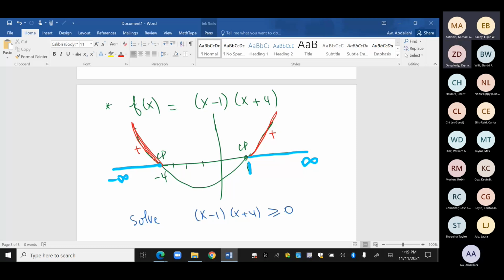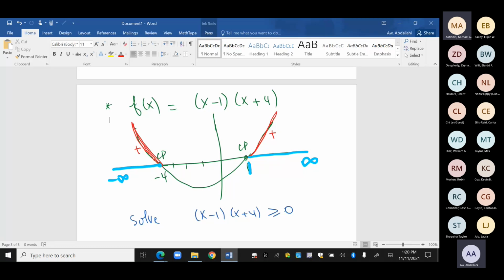Negative infinity to -4, union 1 to positive infinity. Exactly. Because the left side of my inequality is exactly f. So every time you are able to graph a polynomial, you can solve some inequalities.